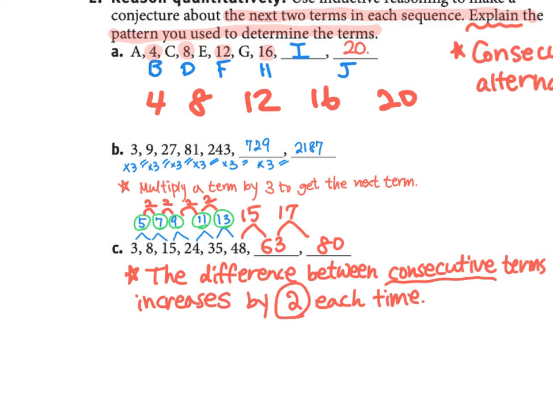Or you can also see the pattern starting from 5: 5, 7, 9, 11, 13, 15, 17. They are all consecutive odd numbers. So you might find different patterns as long as it works every time using that pattern. That should be the right answer.